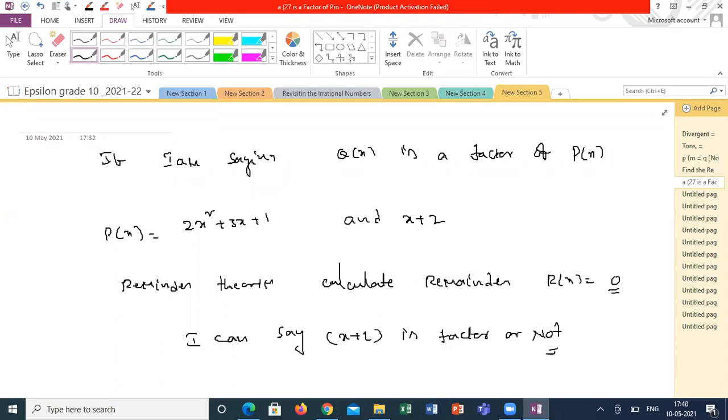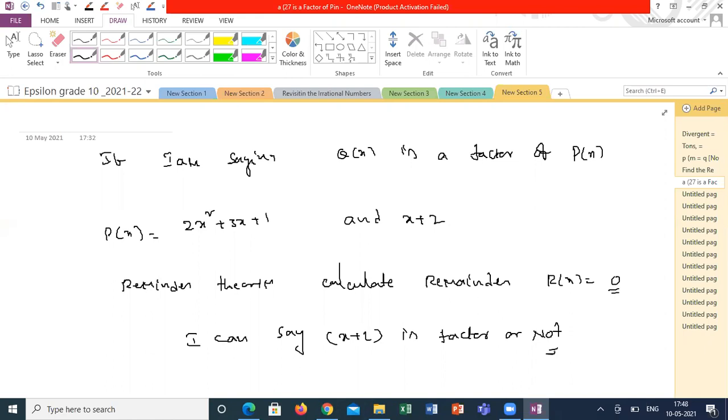Check whether x plus 2 is a factor or not without the long division method. No. What is the remainder, sir? What is the remainder here? So it's 3. Correct?